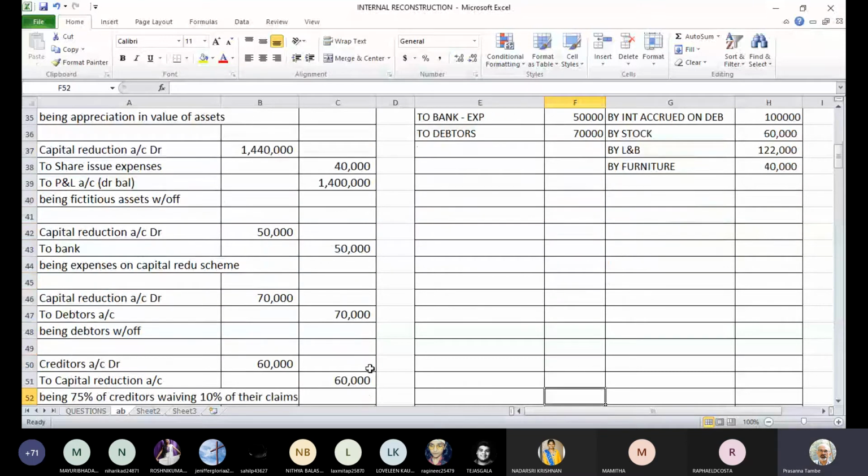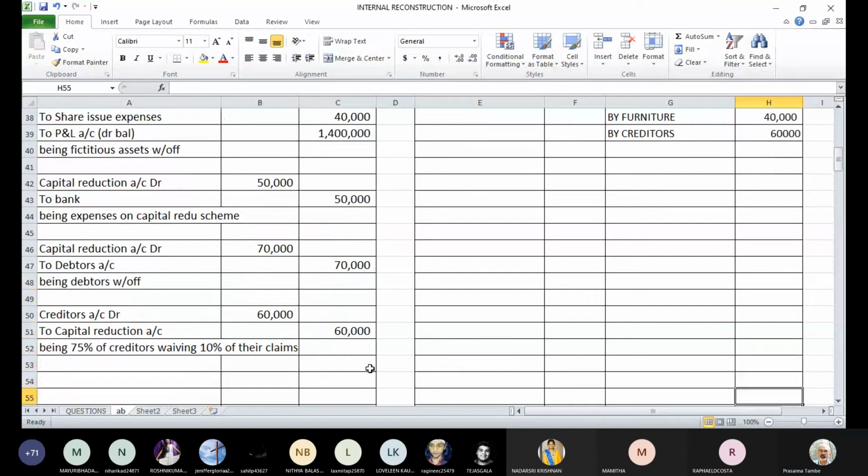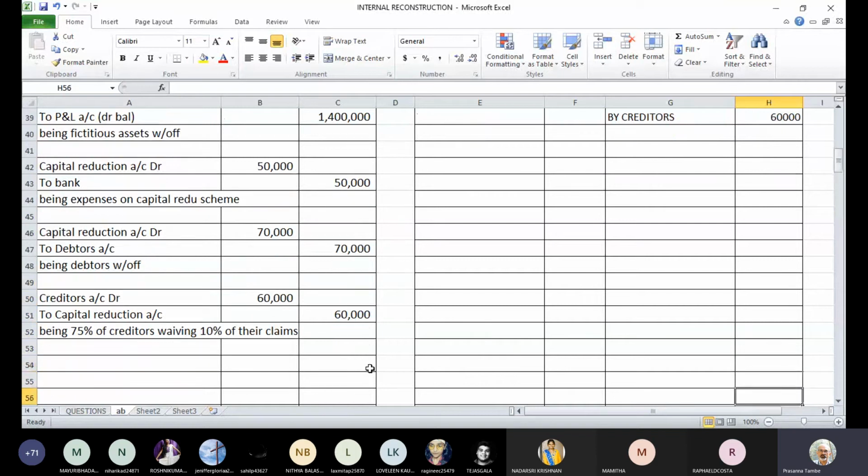And then creditors have given up some benefit, some claims, which is 60,000. That was the last entry, creditors waiver.